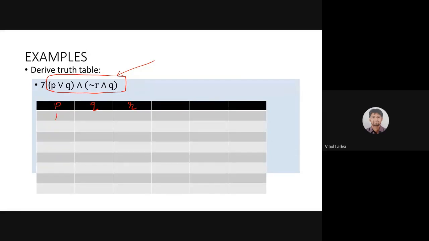We know the trick. We'll use four true values, then four false values, then 2 true, 2 false, 2 true, 2 false, and for the last, we'll use true and false alternately: true, false, true, false, true, false.